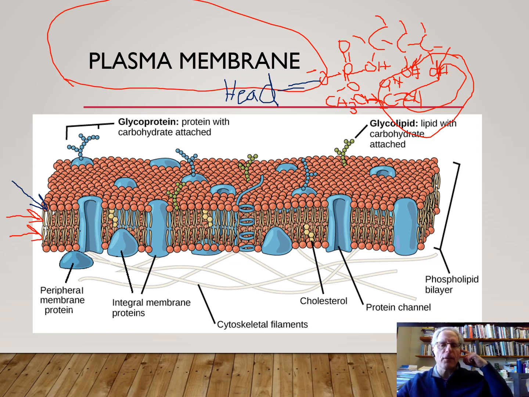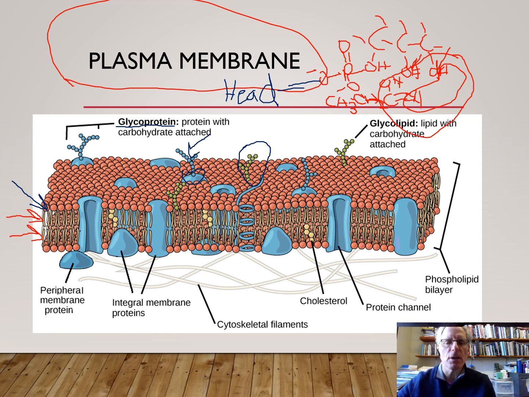Proteins usually, if they face the outside of the cell, are decorated with sugars, and therefore they're called glycoproteins. Glycoproteins are simply proteins that have attached sugar groups. Many of the proteins embedded in the plasma membrane have these sugar attachments on the bits that face the outside, so they are glycoproteins.